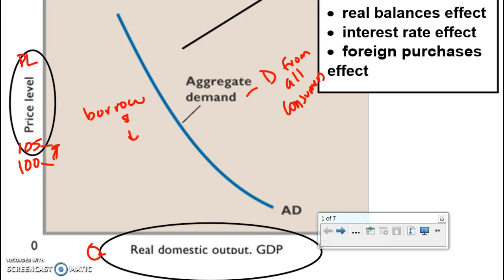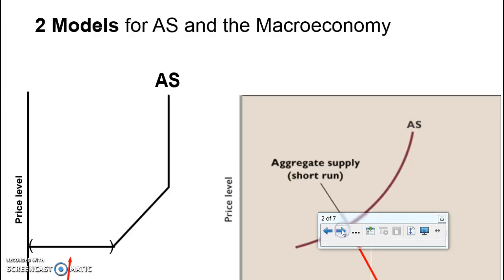When we borrow more money, the demand for money goes up, and that will force interest rates to go up. And when interest rates go up, we're not able to afford as many things. For example, people are less likely to buy houses because they have to pay a higher interest rate. So that's the interest rate effect, real balances effect, and foreign purchases effect, and they are responsible for the shape of the aggregate demand curve.